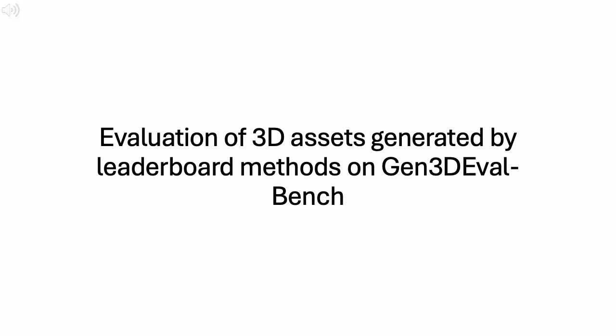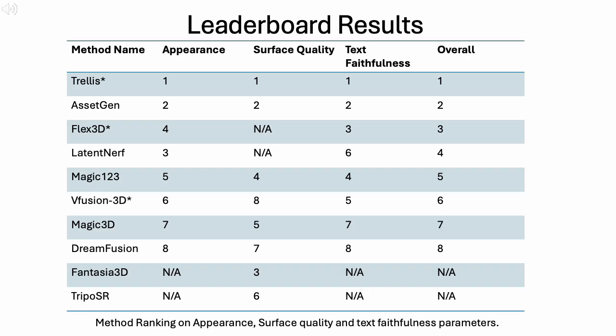Finally, let's discuss applying Gen3DEval to Gen3DEval bench in order to compare generative 3D methods. In this table, we note the rankings of the methods that we were able to compare on all the evaluation dimensions. We added both text to 3D as well as image to 3D methods, which are the ones denoted with an asterisk next to their names.